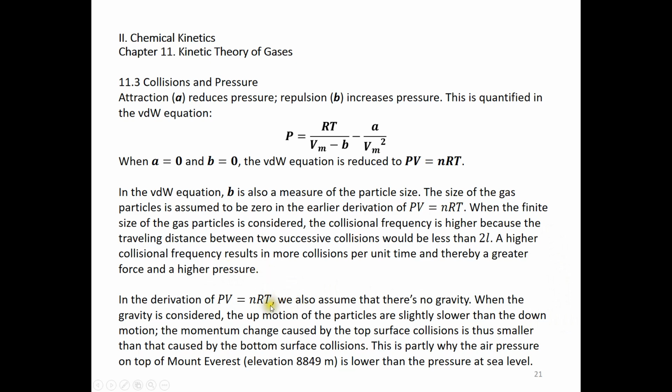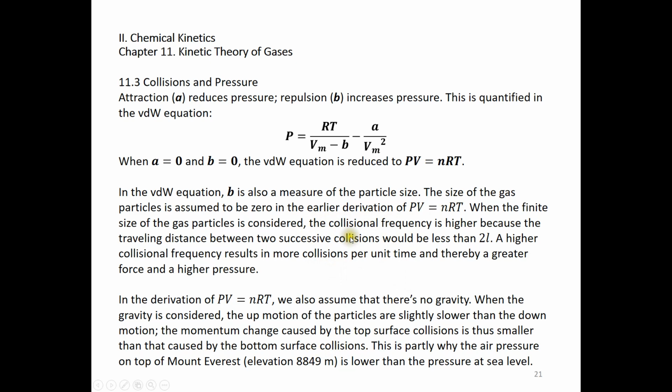Finally, something trivial. In the derivation of PV equals nRT, we assume there's no gravity. But if we consider gravity, then the up motion of the particles should be slightly slower than the down motion, right? Due to gravity. And therefore, the momentum change caused by the collisions with the top surface is smaller than the momentum change caused by the collision with the bottom surface.